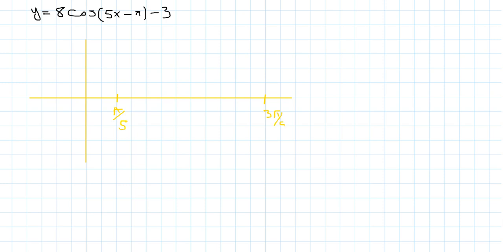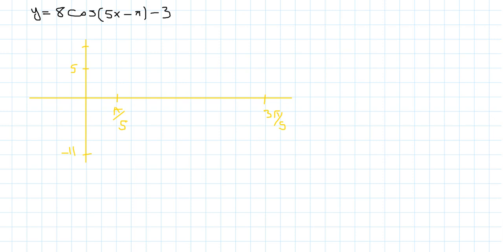But I know here I have the point 8 minus 3, so it is 5, and I have minus 8 minus 3, so it is minus 11.